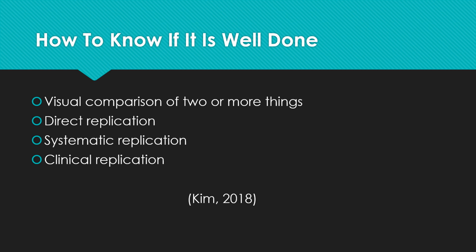Another way to determine if it is well done is by being able to replicate the study. There are 3 different types of replications. Direct replication involves repeating the same procedures by the same researcher, including the same provider of the treatment in the same setting and in the same situation, but with different clients who have similar characteristics.